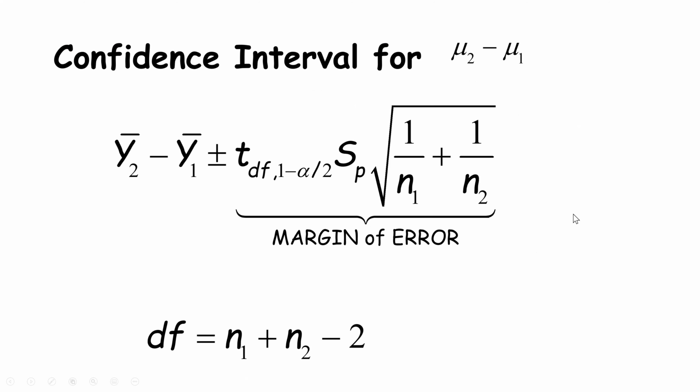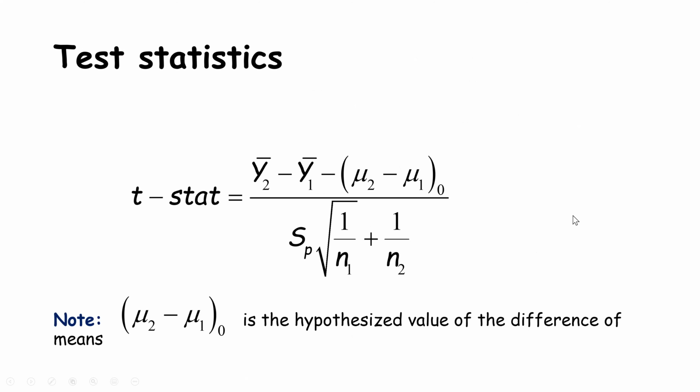This is how the margin of error gets computed. The T statistic will be built in a similar fashion. This is the hypothesized difference. Most likely we will assume there is no difference, so 0. And this is all for this little refresher of your basic statistics course.